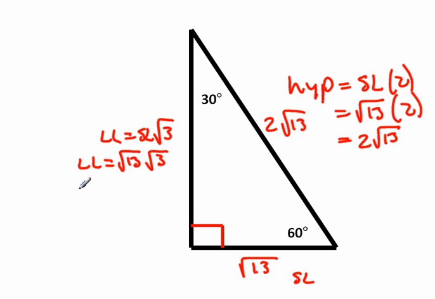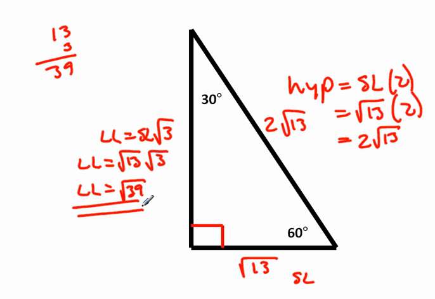They're both under a square root, so we would take 13 times 3, which is 39. So then the long leg is the square root of 39. Again, if we could simplify the square root of 39, find a perfect square in it, we would simplify it. In this example, we can't.